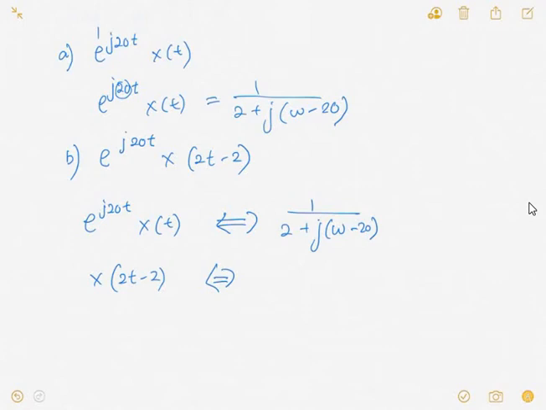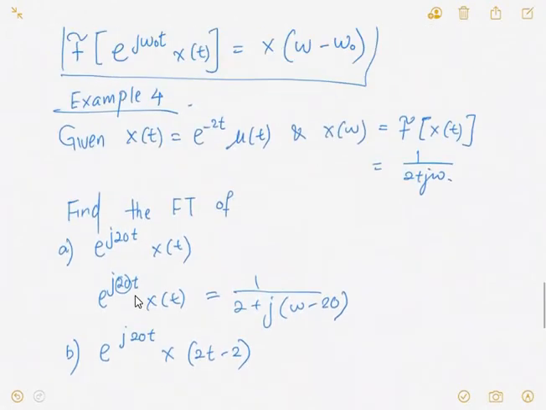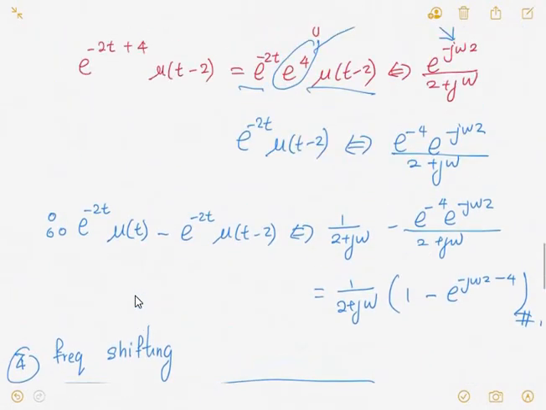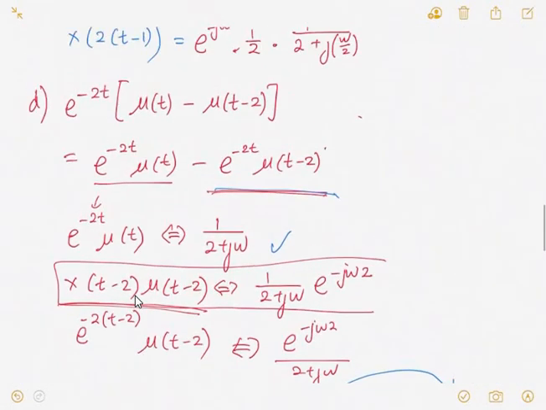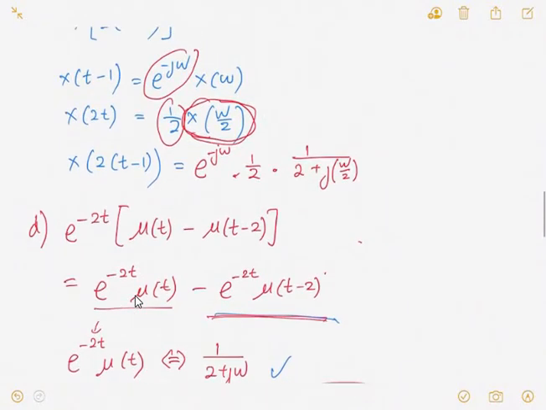Based on the previous question, you will get exponent minus j omega multiplied by half, multiplied by 1 over 2 plus j omega over 2. So this is exactly from the previous question.